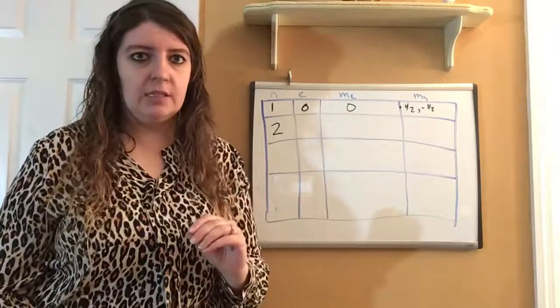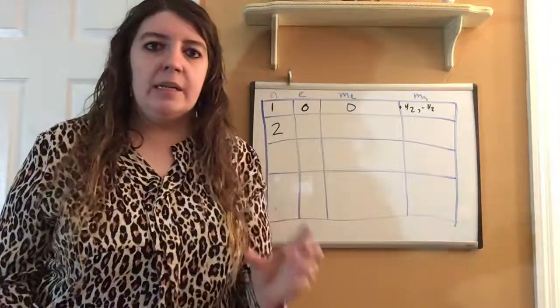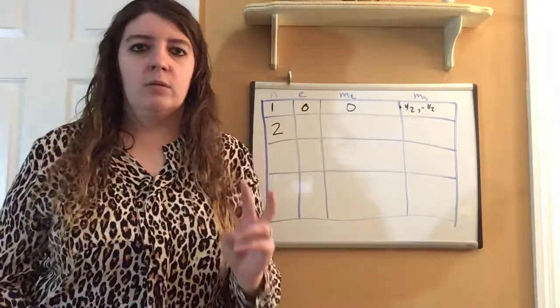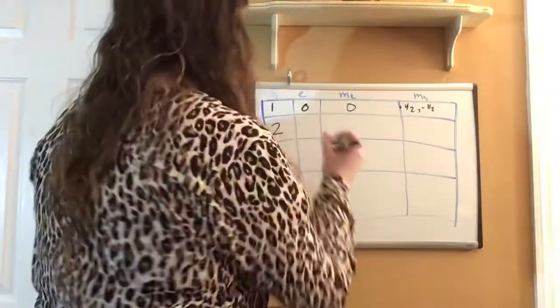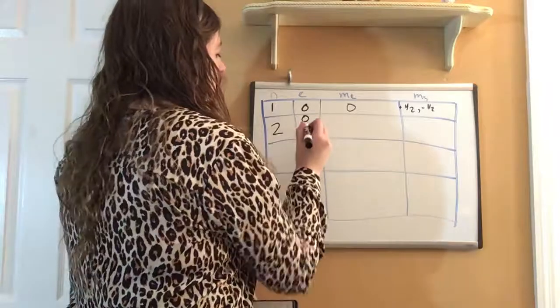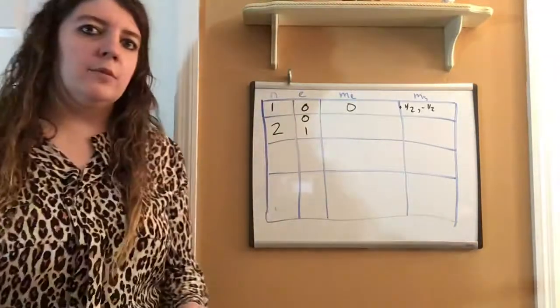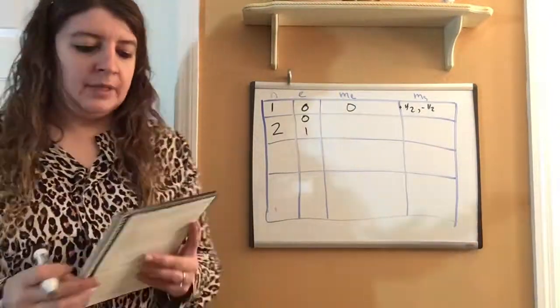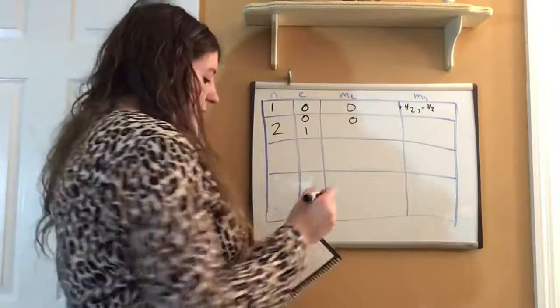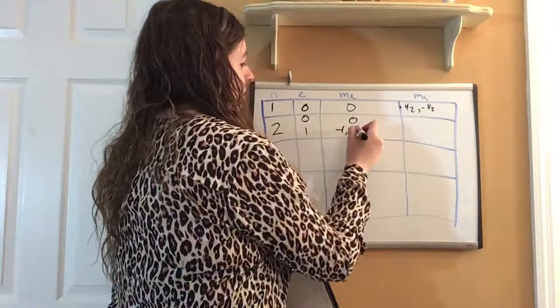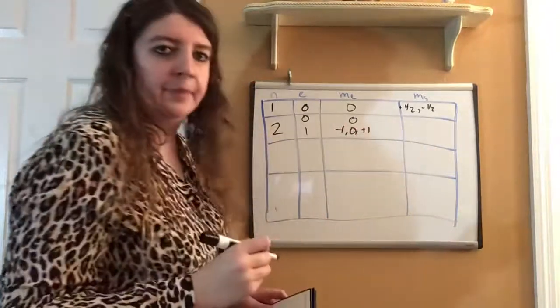That is how many you can have in an s and a p orbital together. So you're still going to get an s orbital, and you're going to get a p orbital, which is 1, which we'll explain in a minute. So s is always going to have 0. This is going to have negative 1, 0, positive 1. And then my spin quantum numbers are going to be the same.